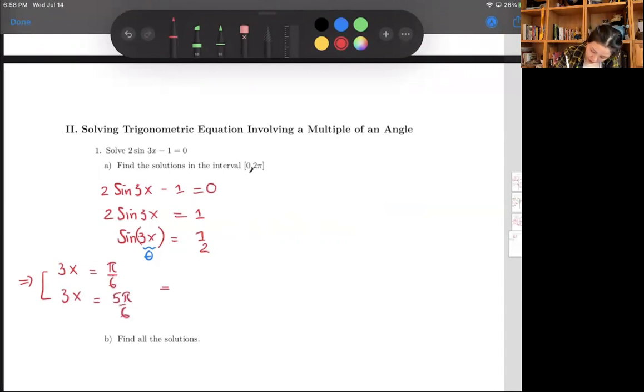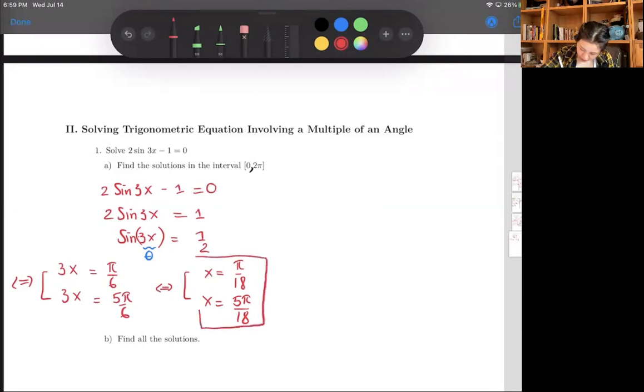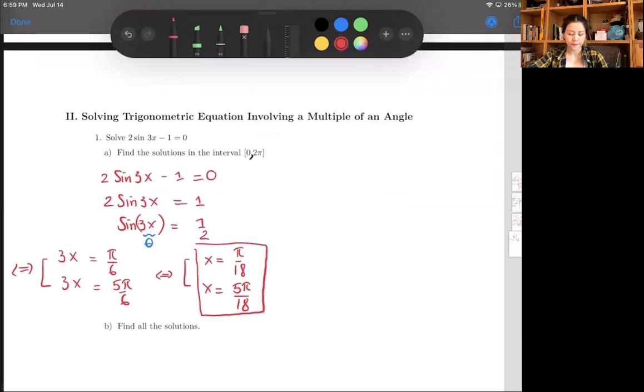If you solve for this, multiplying both sides by 1/3, x equals pi over 18, and x equals 5 pi over 18. So those are the solutions for part A.